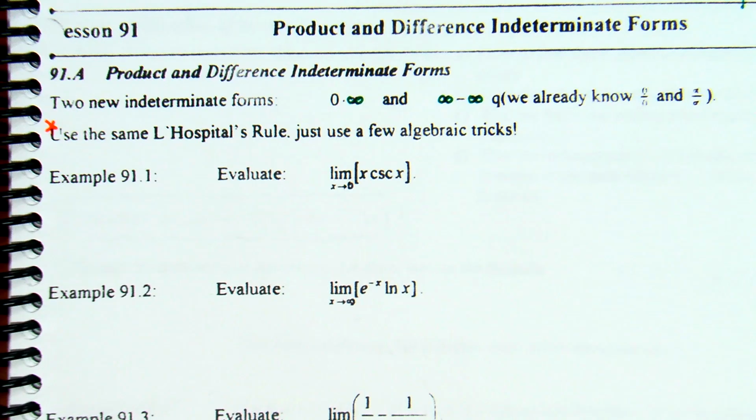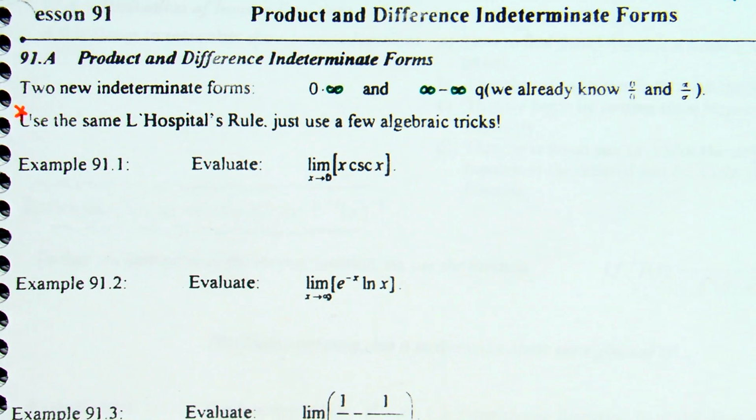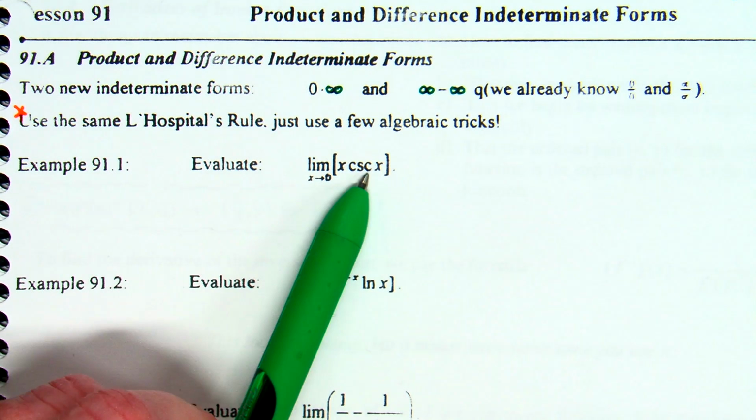So let's look at example 1. Example 1 asks us to evaluate the limit as x approaches 0 of x times cosecant x. Well, if we try and plug 0 in as is, x is 0. What about cosecant of 0? Can you visualize what's happening there?